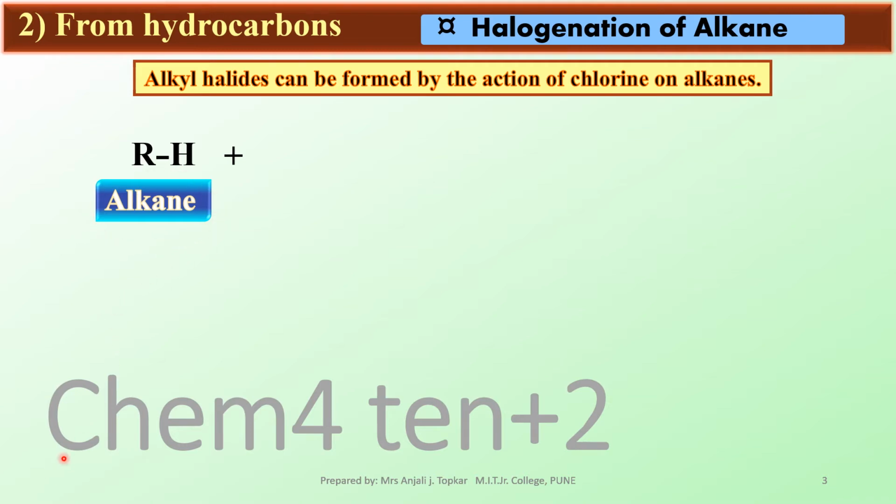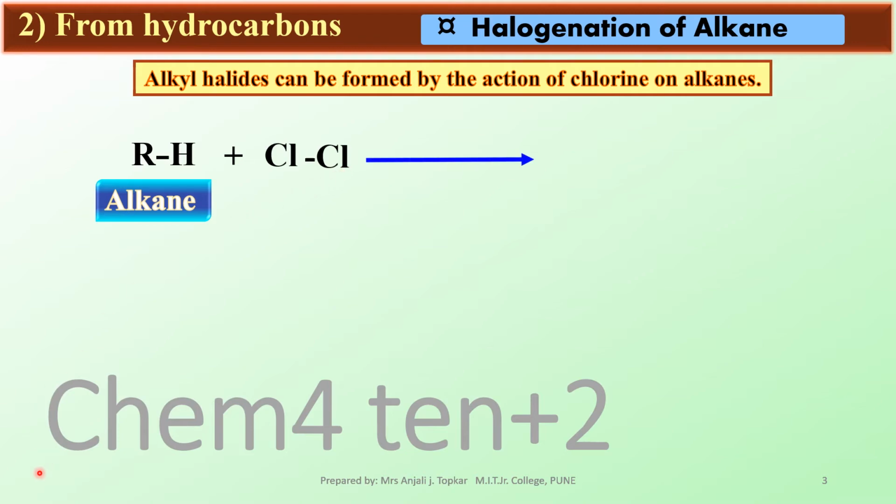When alkane is treated with chlorine, to understand well, it is shown as two atoms Cl, Cl bonded to each other. This is Cl2.